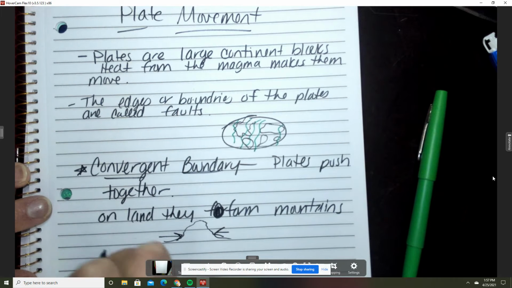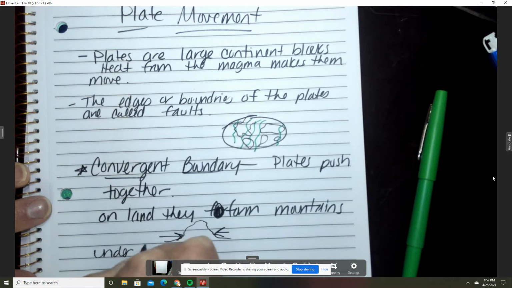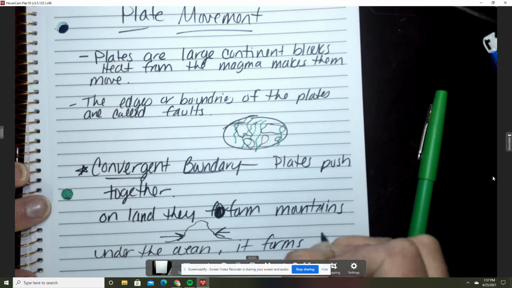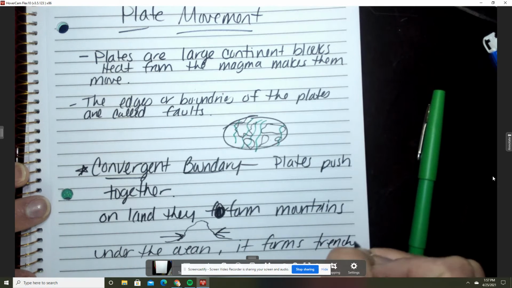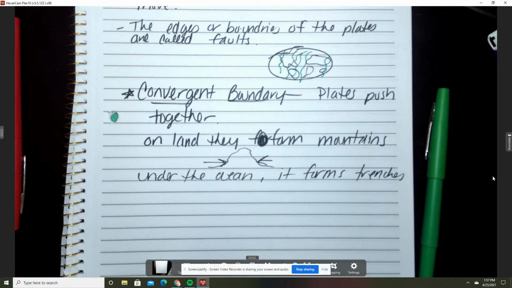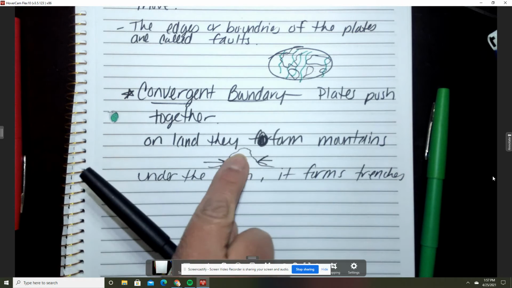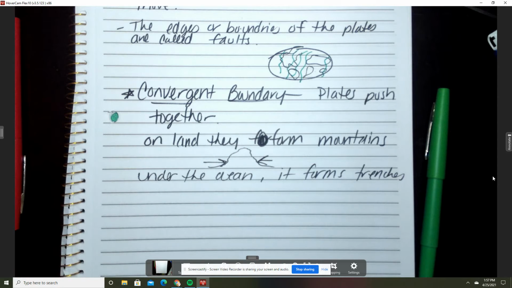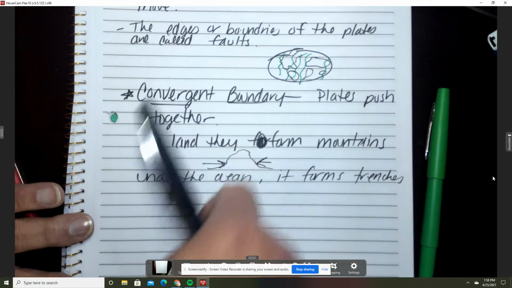But underwater, under the ocean, it forms trenches. And the reason why is because the water pressure, instead of the land, the continent moving up, the water pressure is so great that it pushes together and it just creates a hole because the water pressure is pushing that continent down.